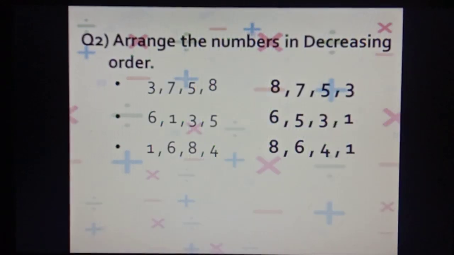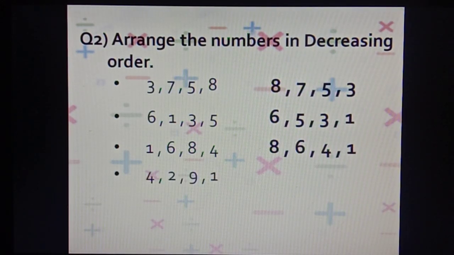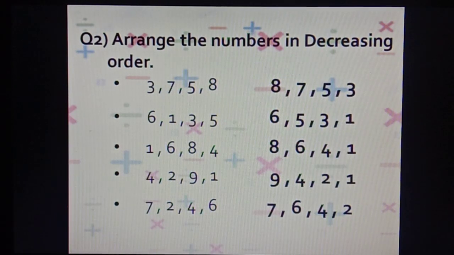In the next question, we have 4 numbers 4, 2, 9 and 1. So the decreasing order will be 9, 4, 2 and 1. In the next question, we have 7, 2, 4 and 6. So the decreasing order will be 7, 6, 4 and 2.